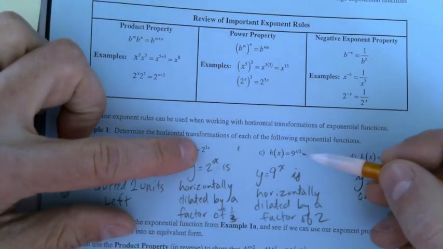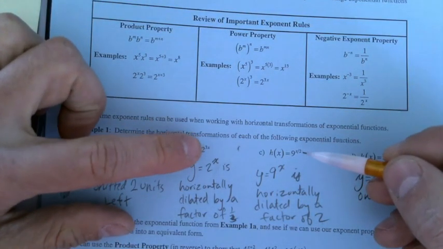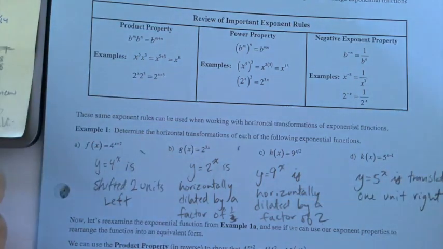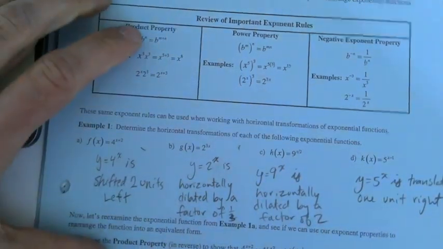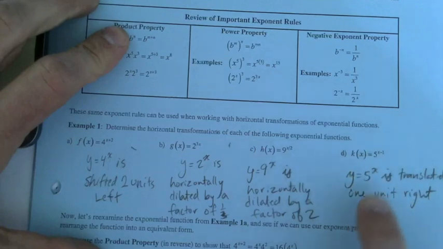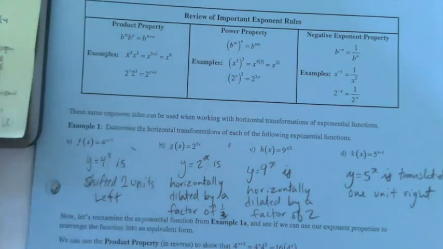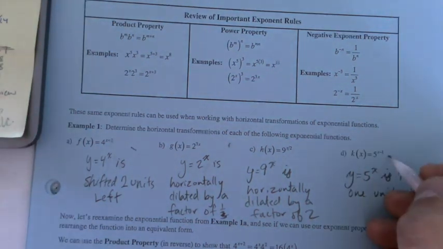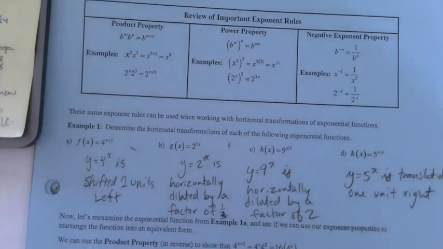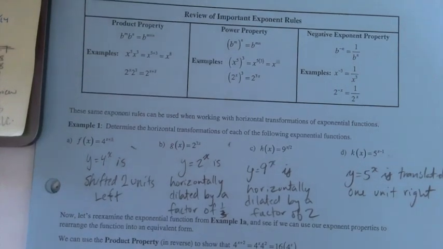Notice, x transformations are always reversed and they are horizontal because x values are horizontal. D, 5 to the x power is translated 1 unit right, again, reversing the signs. If there was a k value on the end, that would shift up and down, and it wouldn't be reversed in sign.